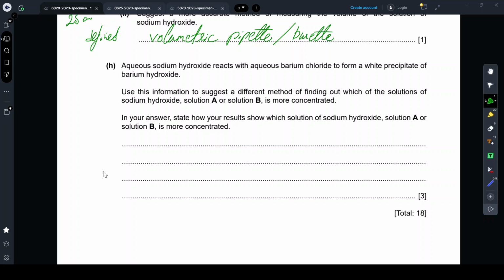So, a more concentrated solution has more moles of reactant per unit volume. Yes.